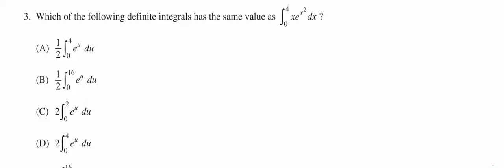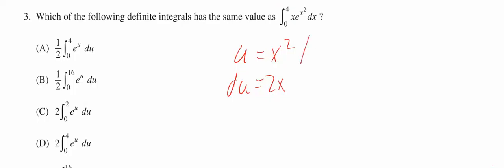Which of the following definite integrals has the same value as this one? So how would we integrate x times e to the x squared? I think we'd probably make a u substitution, and all the way inside is that x squared. So if u is x squared, then du is 2x dx, which will take care of that x.